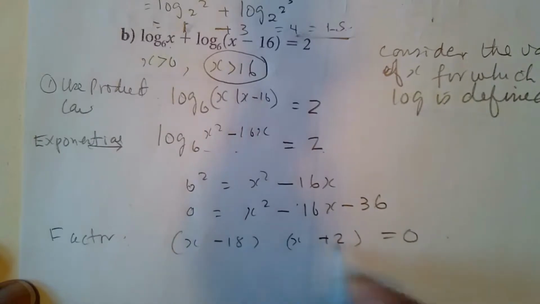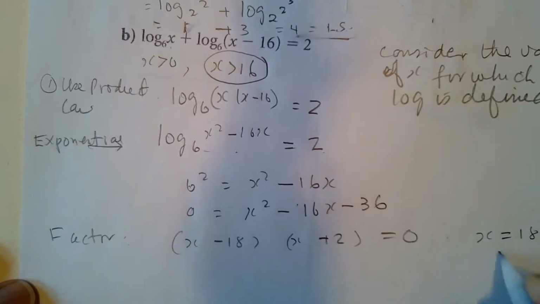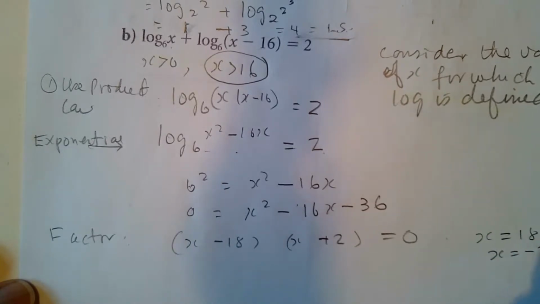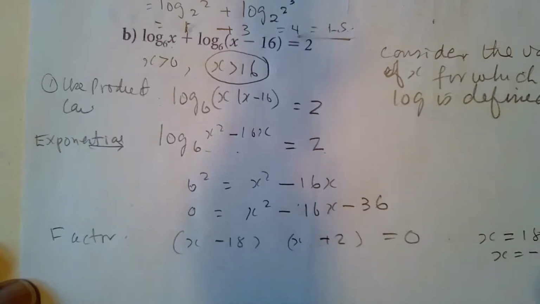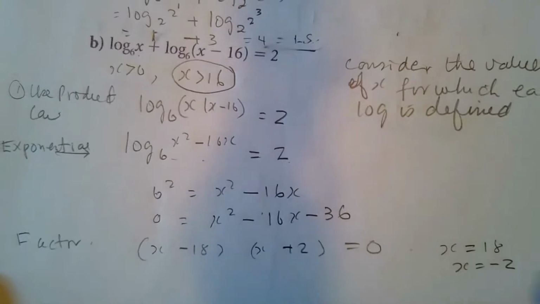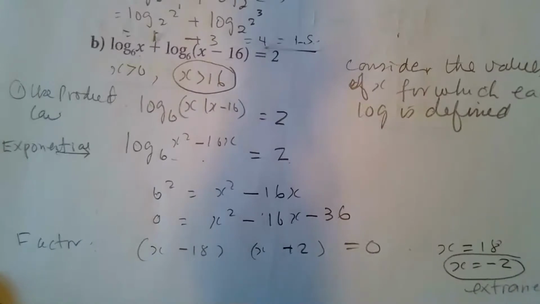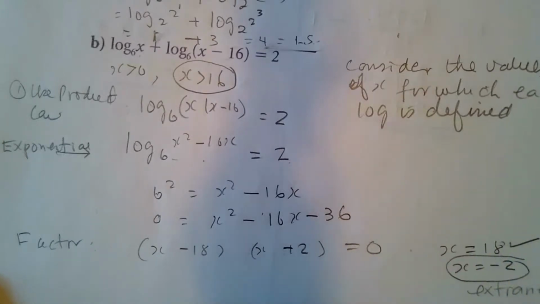So we can have x is equal to 18, or x is equal to negative 2. So negative 2 is extraneous. So our solution is x equals 18.